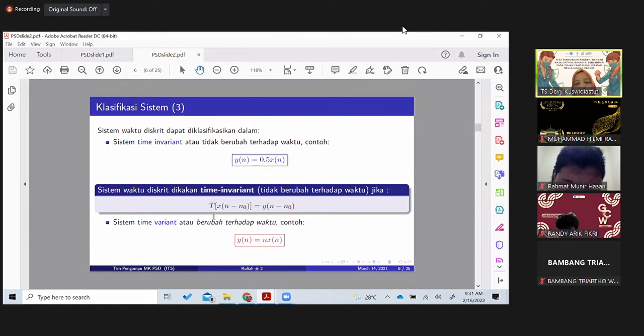It means that the system is a time invariant system. If we compare to the second example, which is a time varying system, yn equals n times xn.